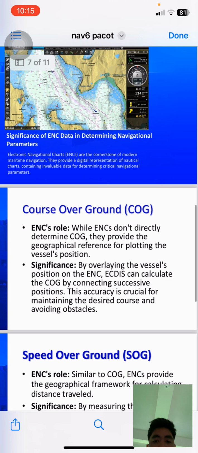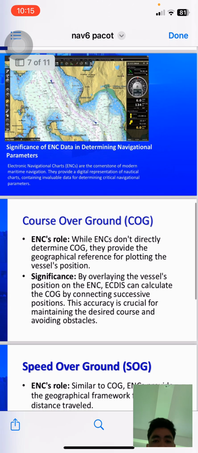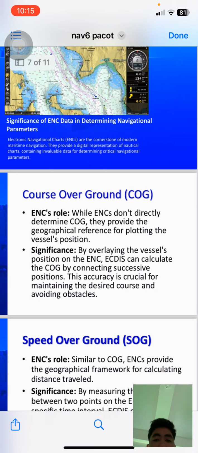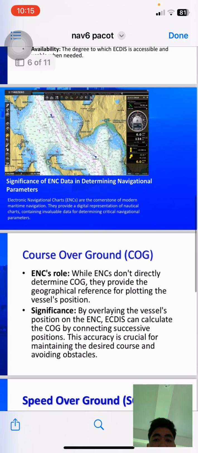Next is what is the significance of ENC data in determining navigational parameters. Electronic navigational charts or ENCs are the cornerstone of modern maritime navigation. They provide a digital representation of nautical charts containing invaluable data for determining critical parameters.